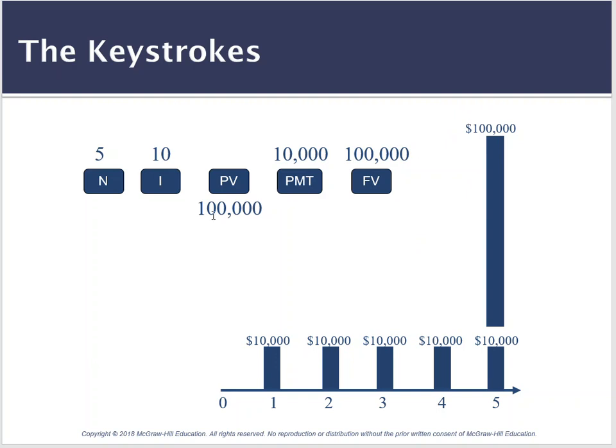That equals $100,000 for present value. That's to say that you'd be willing to pay $100,000 today to receive $10,000 per year for 5 years, and at the end of 5 years the terminal value of $100,000.